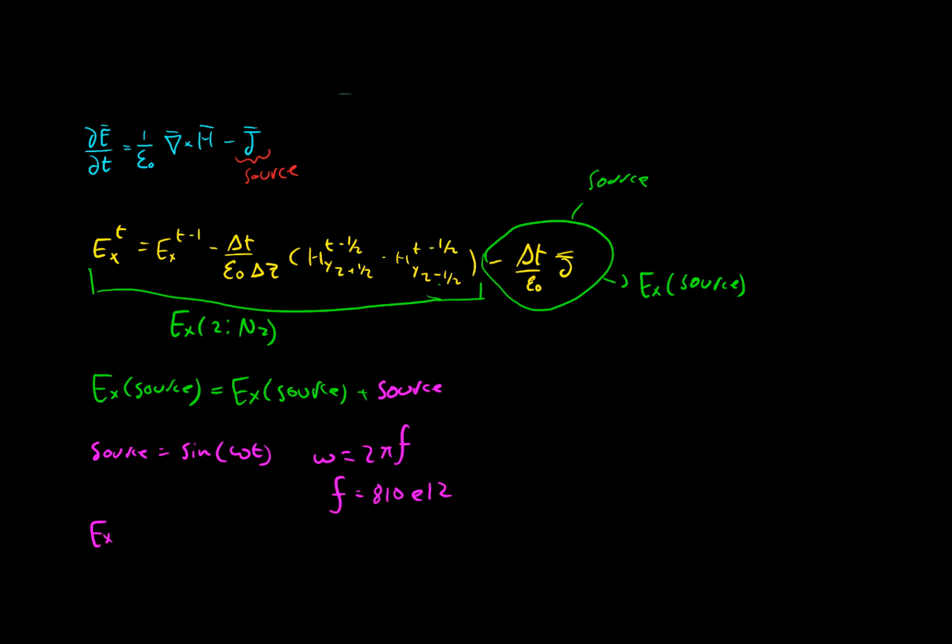In the end, ex source is equal to ex source plus sine of 2 times pi times 810 E12 times t. Perfect. Okay. So now we can try that.